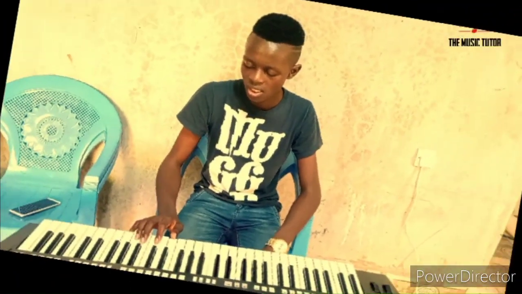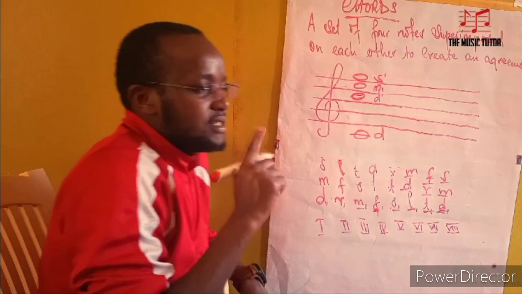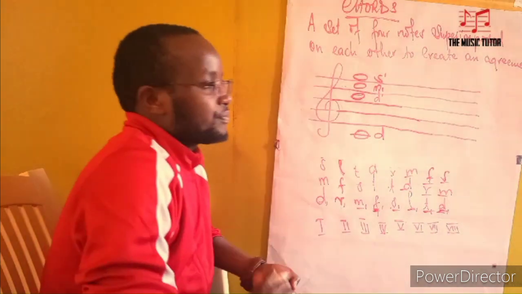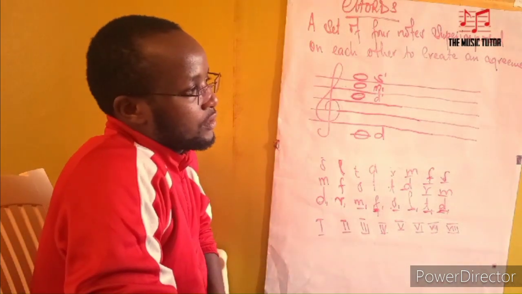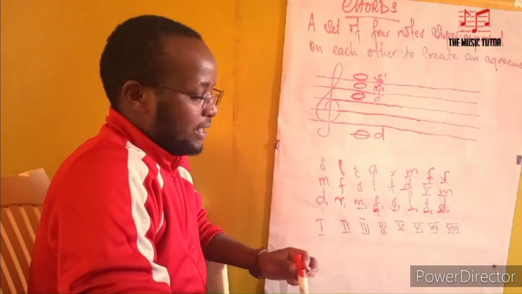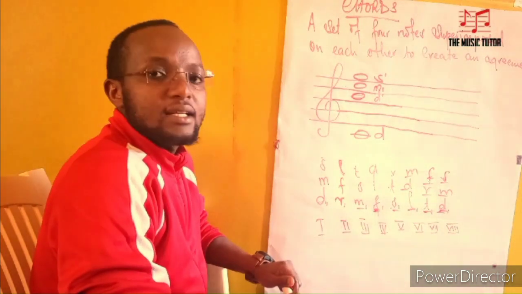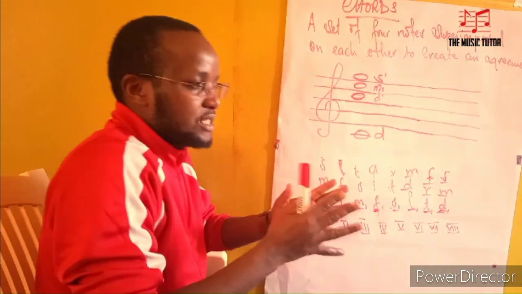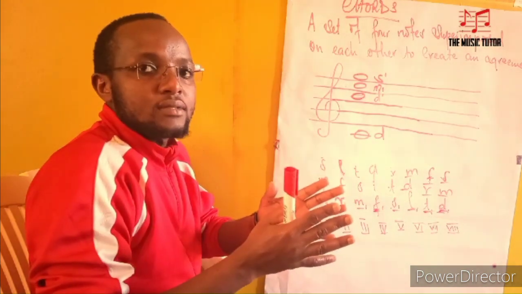When we play triads, we may create chords from them. We usually double the root note. On creating chords on a piano, we play the tonic triad, that is the mother triad, and double the root.